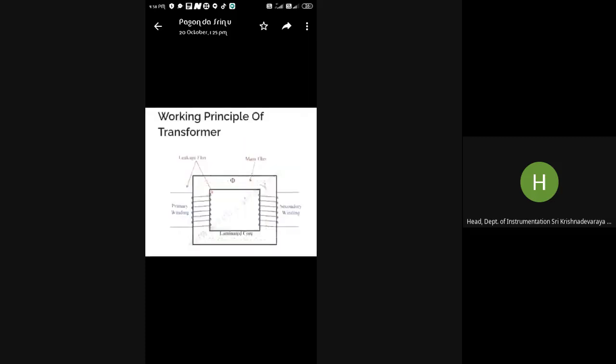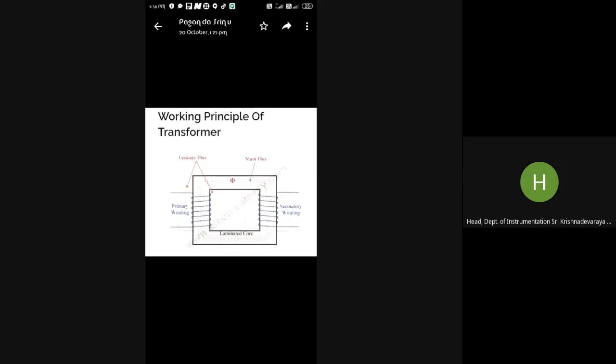Working principle of a transformer. The basic principle behind the working of a transformer is the phenomenon of mutual induction between two windings linked by common magnetic flux. Basically, a transformer consists of two inductive coils, the primary winding and the secondary winding.